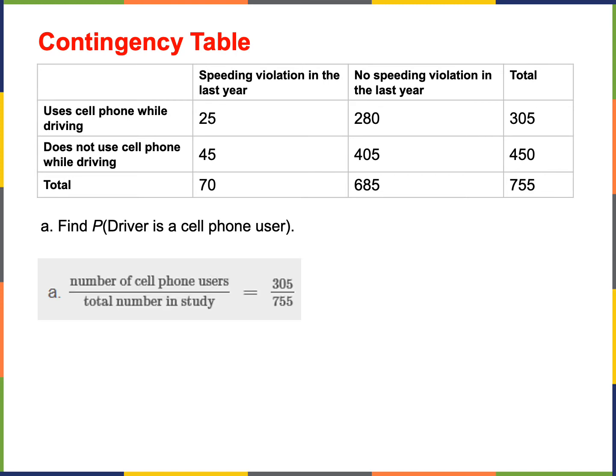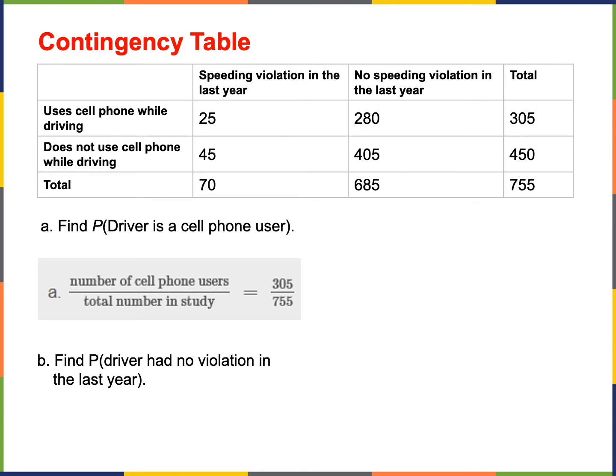To find the probability that the driver is a cell phone user, you take the number of cell phone users over the total number in the study. So here's the number of cell phone users, 305, over the total, which is 755.